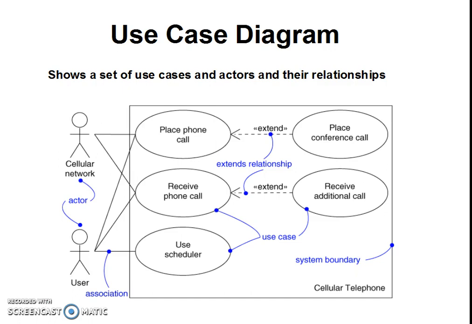Similarly, when I receive a phone call, I can extend this use case functionality with the help of the receive additional call use case. It means receive additional call is an extended version of receive phone call. So this is the example of a use case diagram.